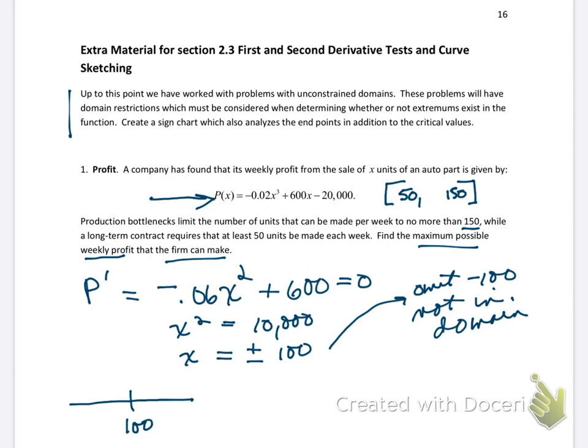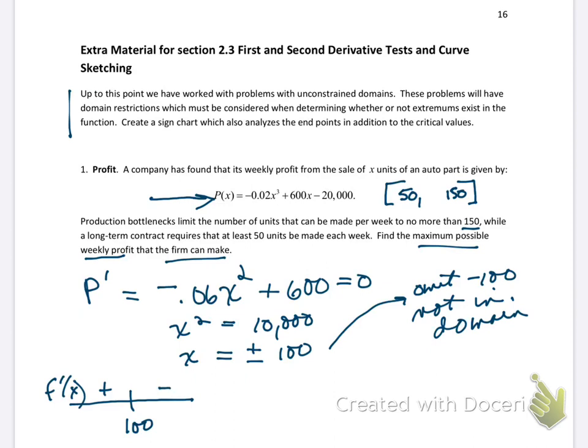Okay, so now let's do our first derivative test. Okay, so I'm going to do first derivative. I'm going to put that there. Okay, so if I take a number less than 100 and I plug it in my first derivative, what's going to happen is it's going to be a positive number. If I take a number greater than 100, so say 101, and you plug it in the first derivative, you're going to find that you're going to get a negative number.